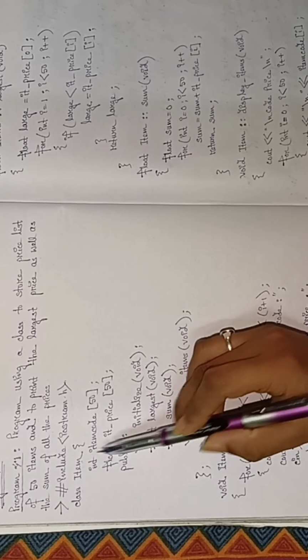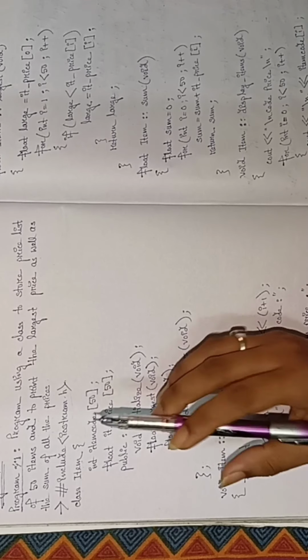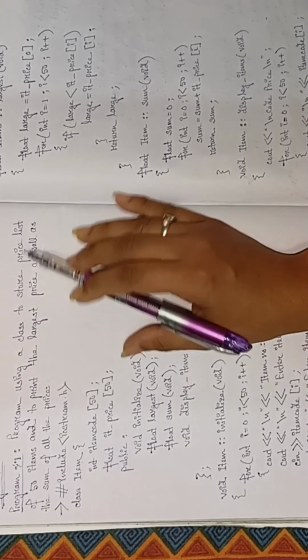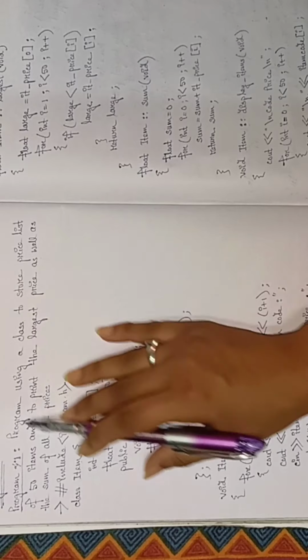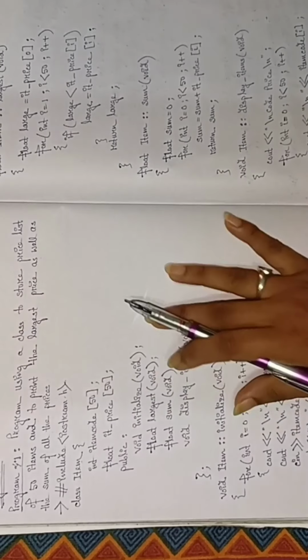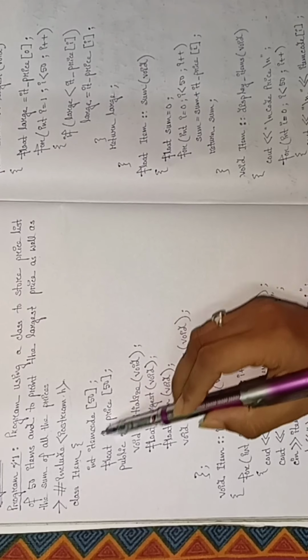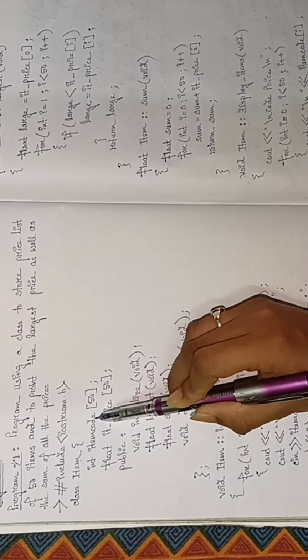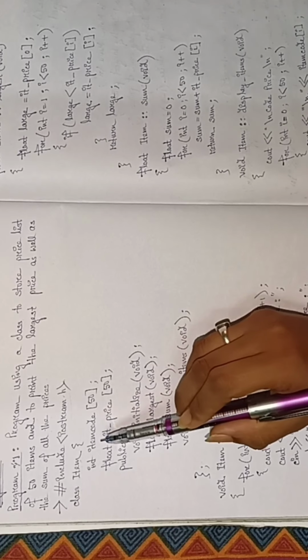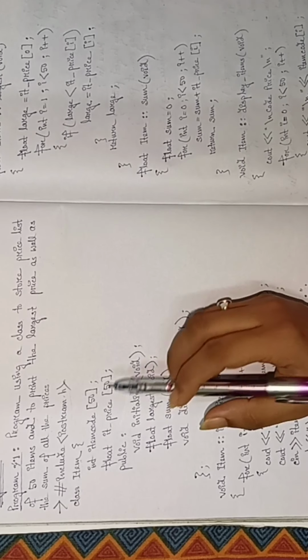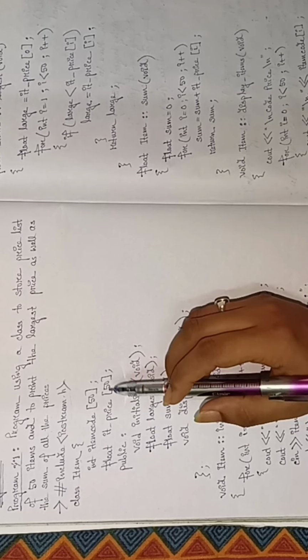First, two data members are there because we require only two data members, where one will store the item codes and another will store the item prices. So one is int item code. The items will have some codes, which will uniquely identify each and every item.